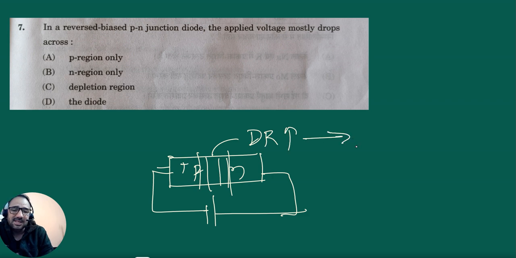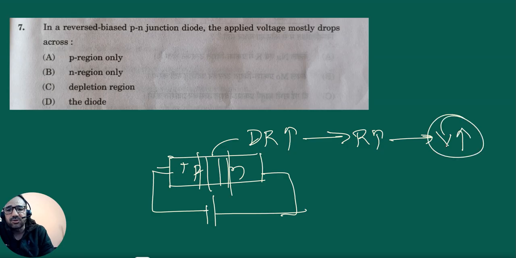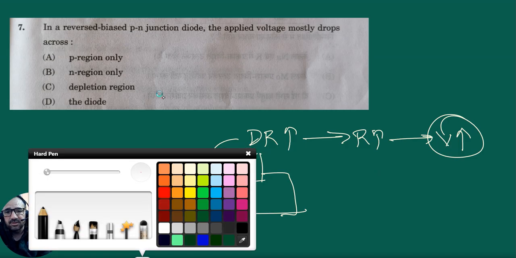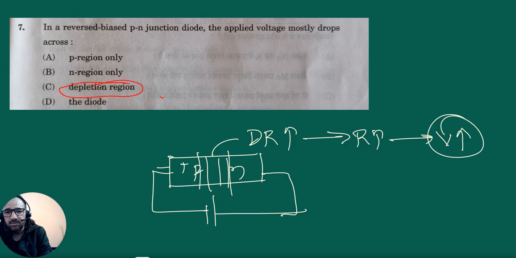Depletion region increase means what? Resistance will increase. If resistance is increasing, more voltage is dropped. Voltage drop means it will consume the voltage. So where does it fall? Near the depletion region. So that's why the right option of this question is depletion region.